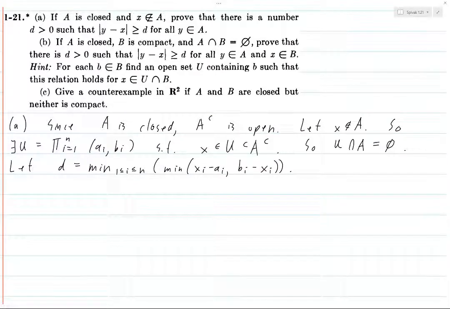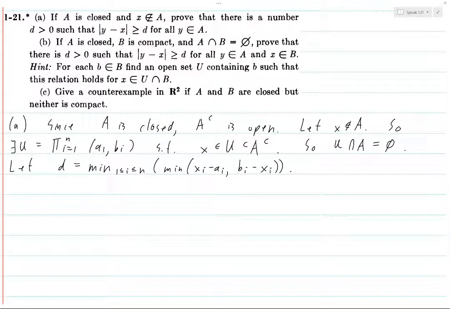The reason that we're doing this is because X is in U, and for each index i, X is somewhere in between ai and bi, and it could be really close to one of them.